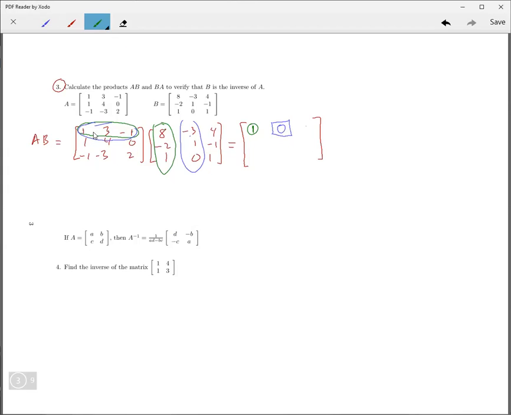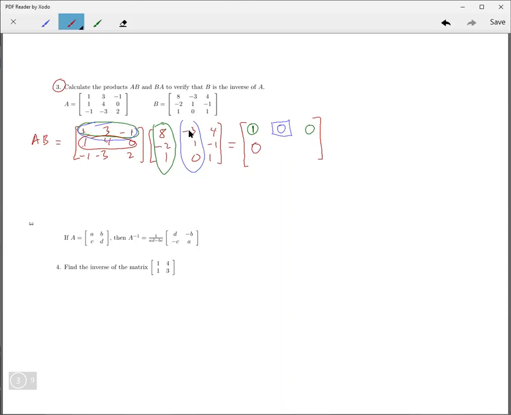So this one would be this one times this row. So 4, and then this is -3, and then this is -1, so that's also 0. And then here, this entry here would be this row. So 1 times 8, that's 8, minus 8 plus 0, that's 0.